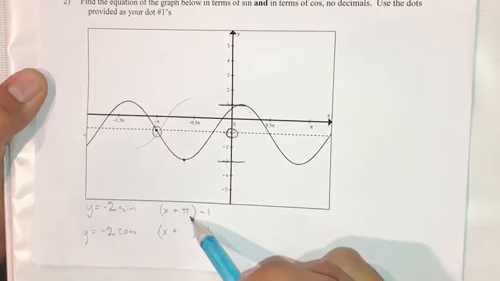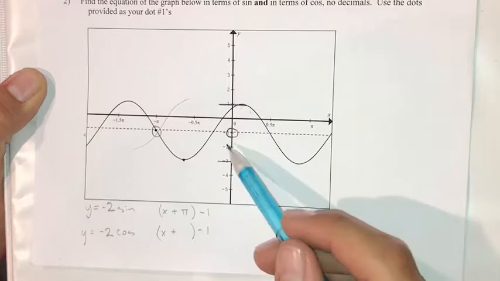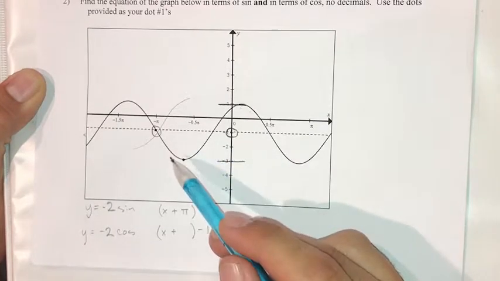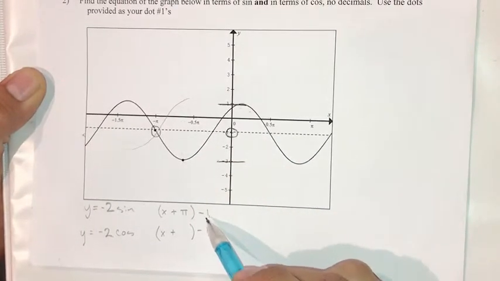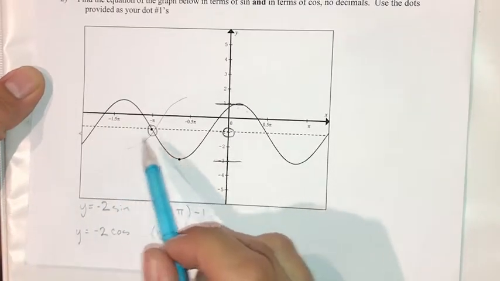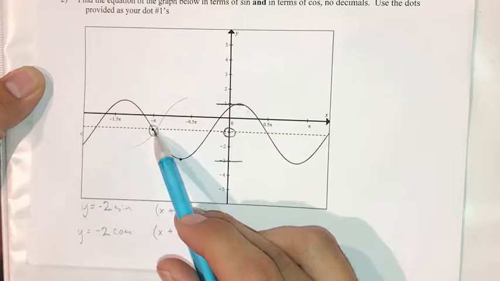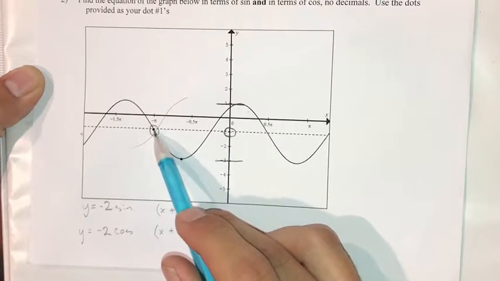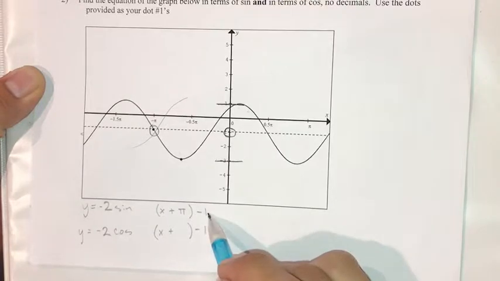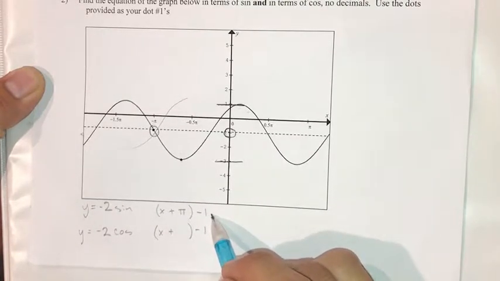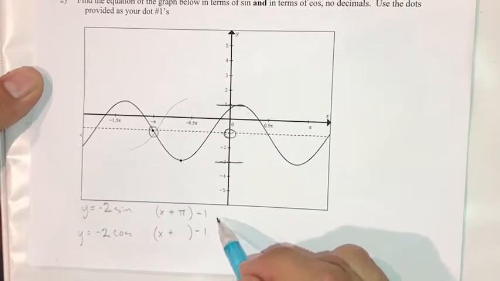So that's where we get this x plus pi, because we're moving to the left 1 pi. And we can get this -1 from this dotted line right here as it runs through -1. Also, this sine dot right here is at -1, and since sine is always in the middle of the graph, that's where we know the y value from.